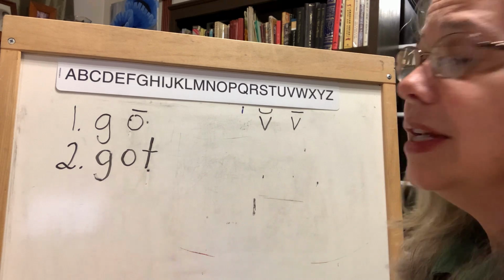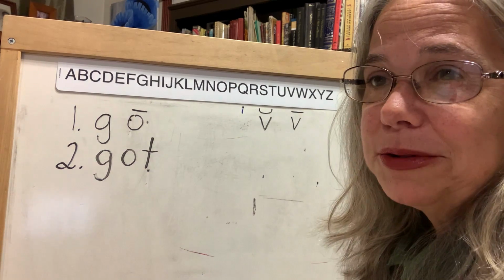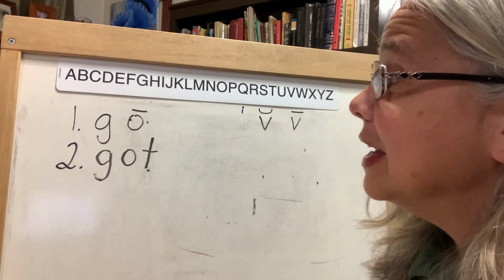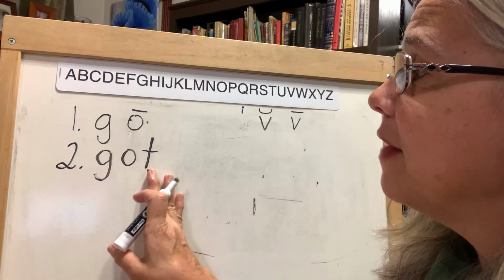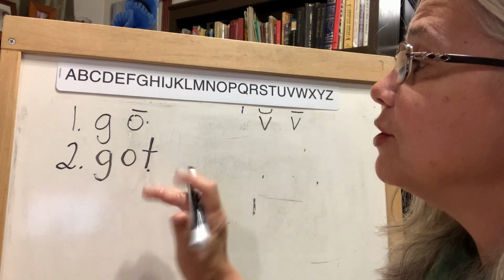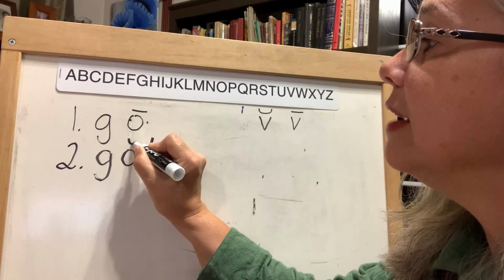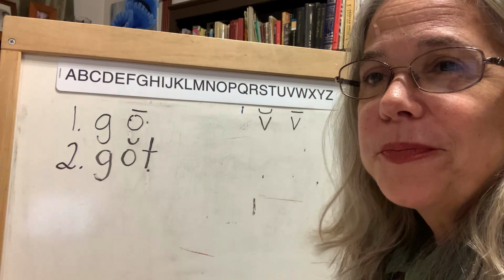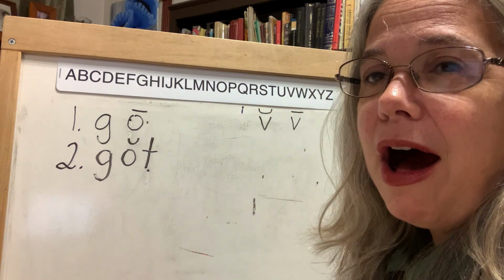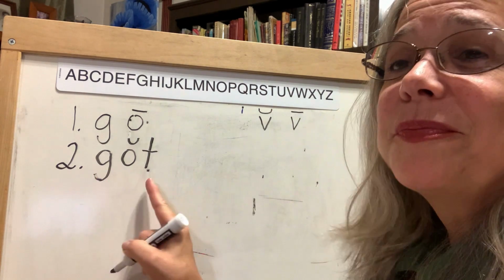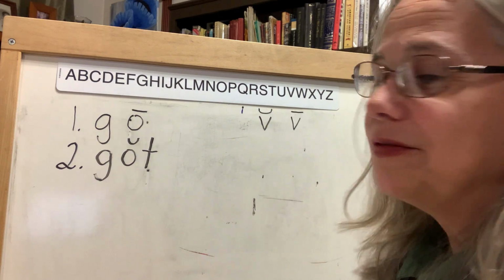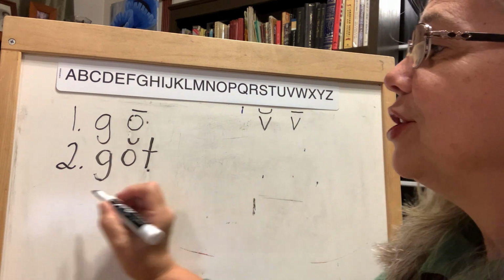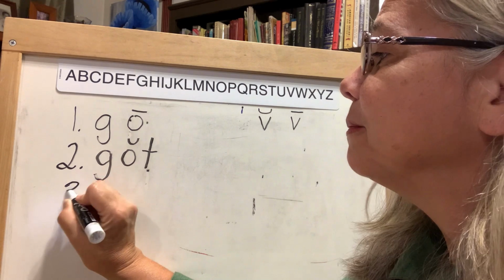Now, this O, is it in closed or open syllable? Correct, it's closed because it's being closed by that consonant. So a vowel in a closed syllable short, let's code it with a breve. What is the sound of short O? Right, it's ah. Read that word. Got, very good.